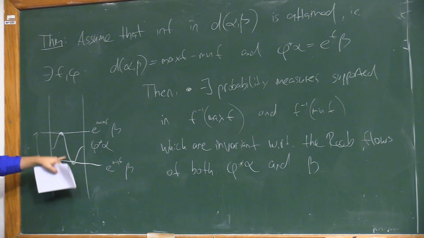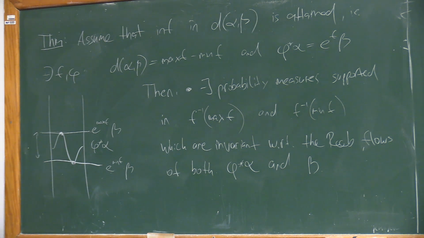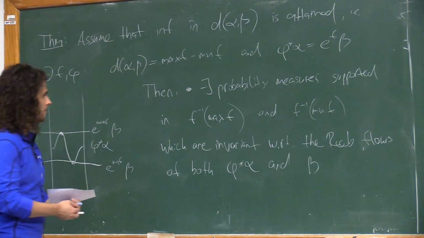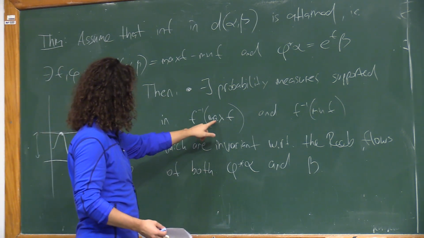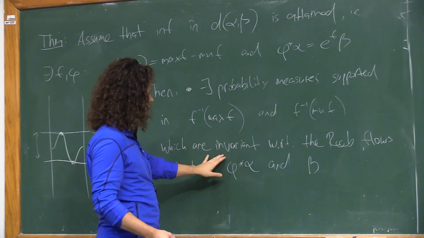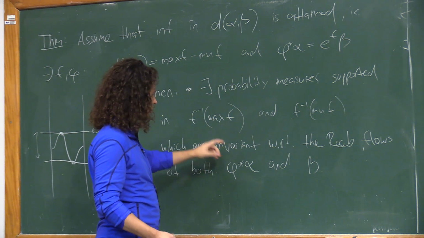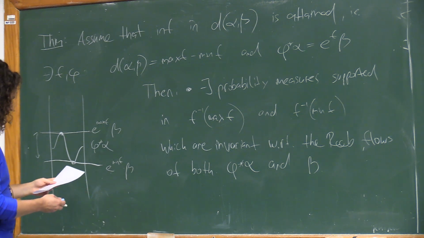So the Reeb vector fields are parallel in these touching sets. So we can conclude that these two subsets where the Reeb vector fields are parallel in fact support some invariant probability measures. That's the first statement. Maybe the more important one.